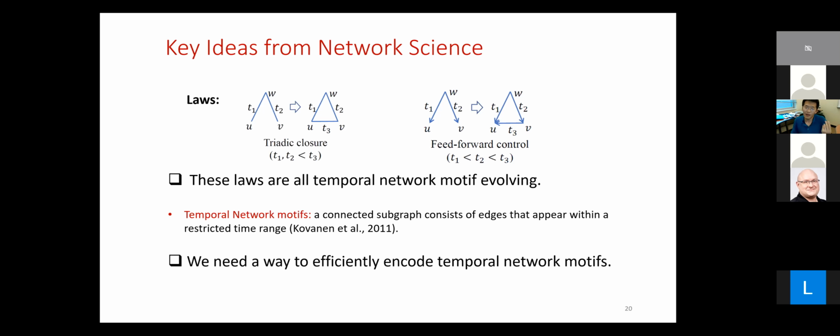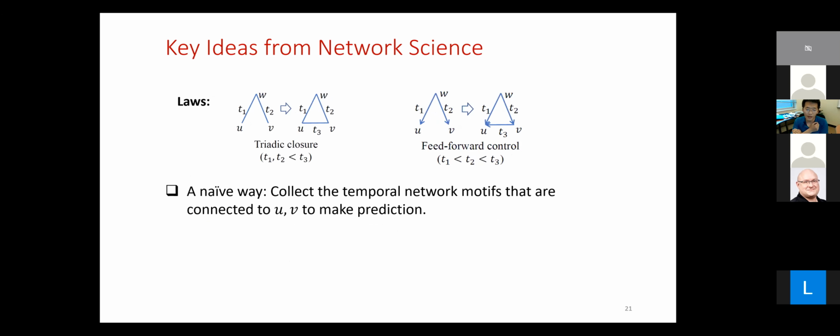Our idea is that if we can represent or capture these temporal network patterns, then we can solve this problem in an inductive way. A naive way to encode temporal networks is to enumerate all the temporal networks in the graph, construct a vector over that, and then make a prediction.